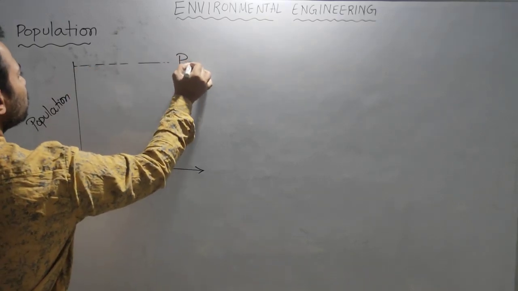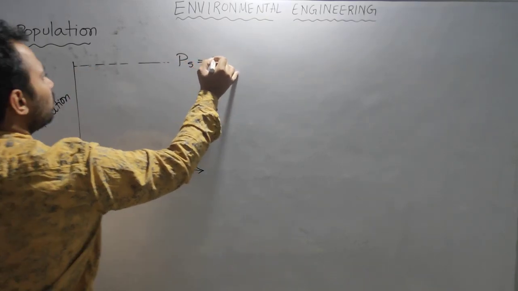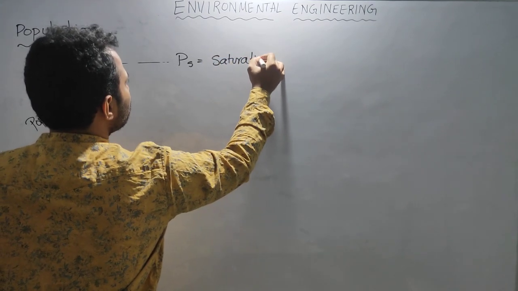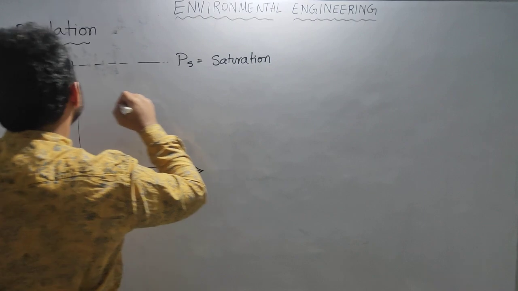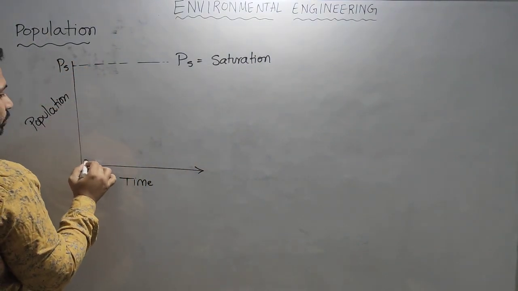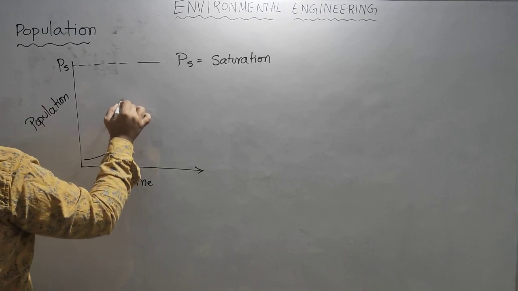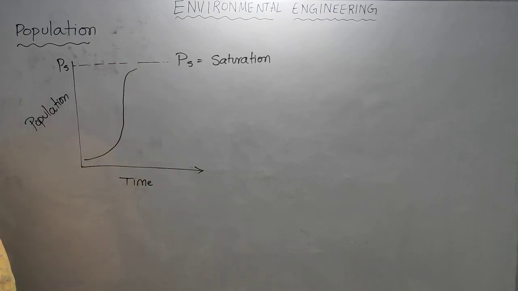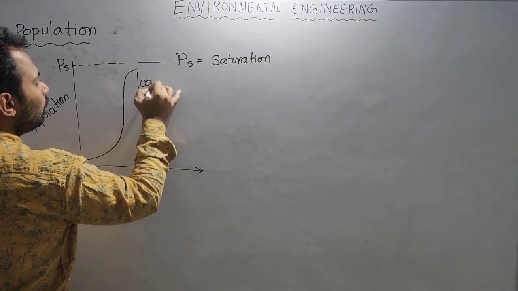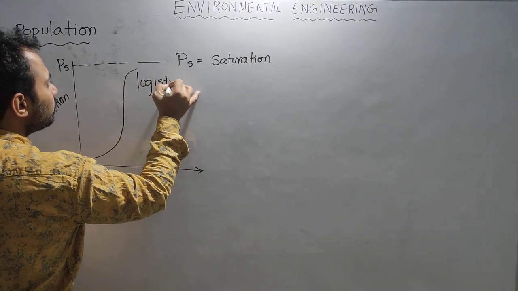This is PS, the saturation population. So the graph will be like this. This is called the logistic graph.